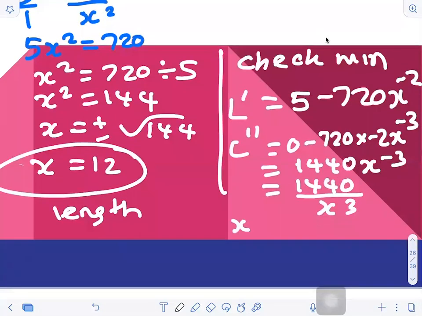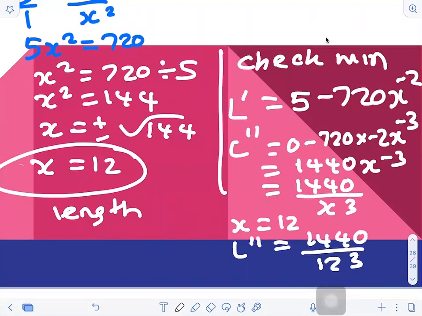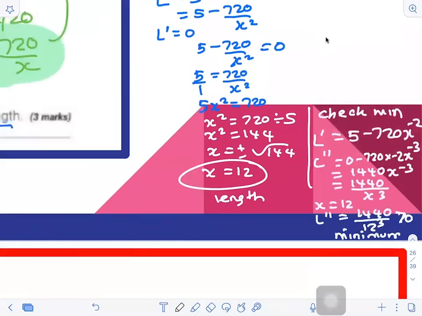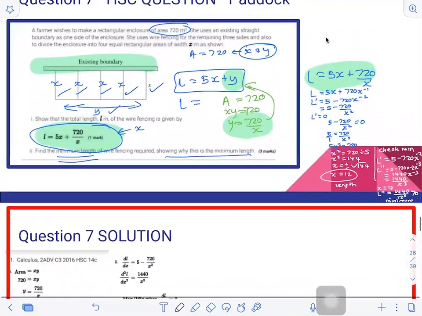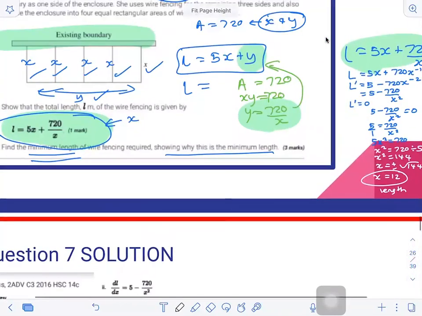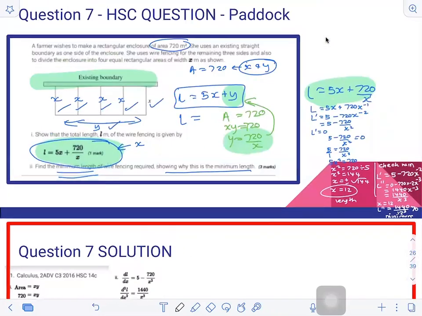So we want to do that when x equals 12. So L double dash is 1440 on 12 to the 3, which is greater than 0. Okay, so it is a minimum turning point. So we've proved it's a minimum, and we want to get the minimum length of wire.